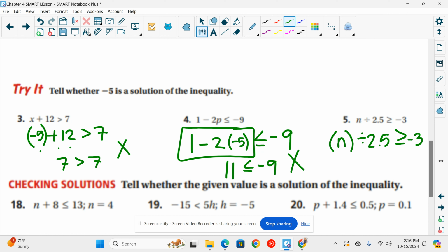What am I going to do first? I'm going to substitute or replace the n with the number, then what am I going to do? Simplify by putting it in the calculator.